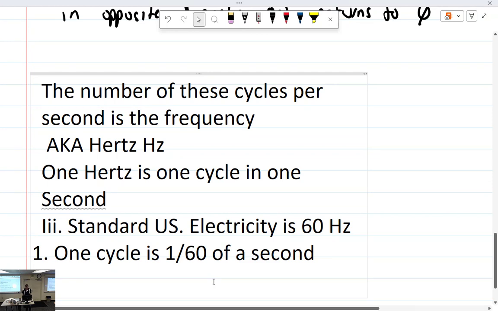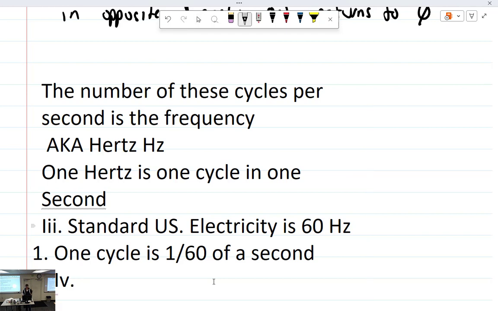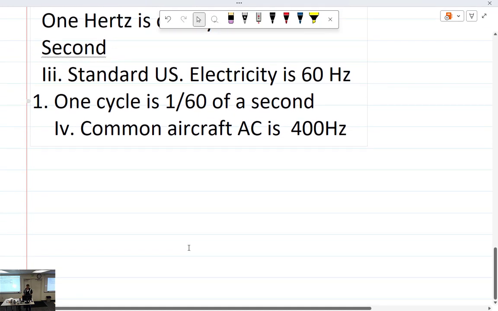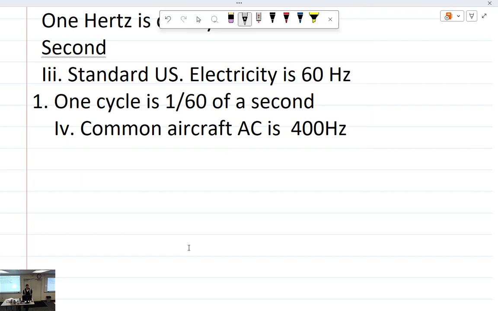Common aircraft AC is 400 hertz. Hertz is frequency, cycles per second. It can range from 360 to 800 hertz.